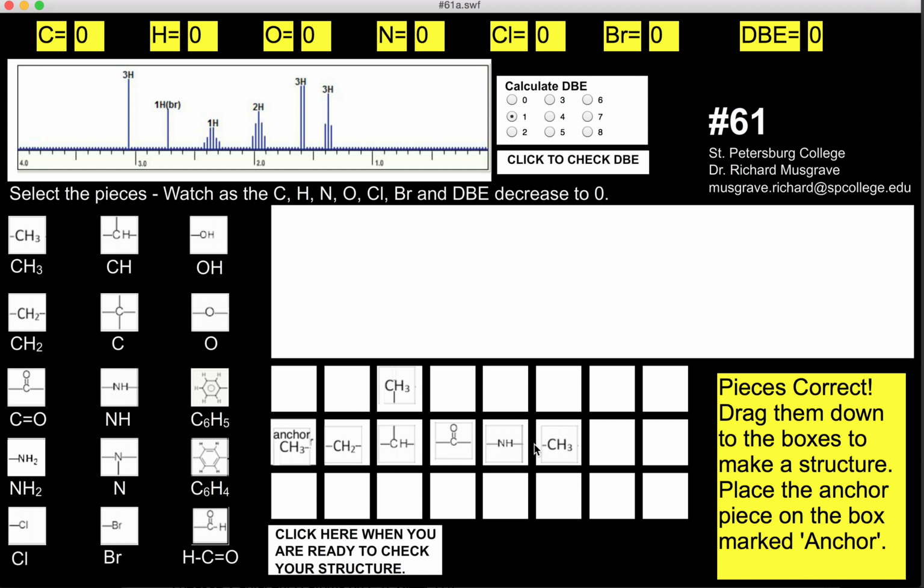The other thing I can tell you is that the NH doesn't couple with the CH3 and the CH3 doesn't couple with the NH for the reasoning that I gave you earlier, and that is that the multiplicity rules usually apply to hydrogens on carbons and not so much hydrogens on nitrogens or oxygen.